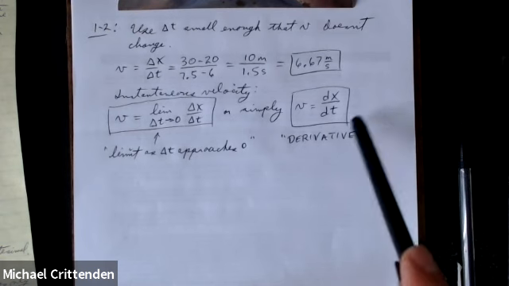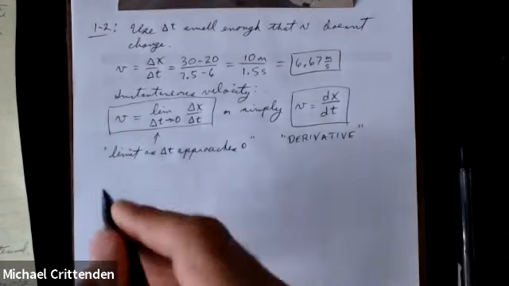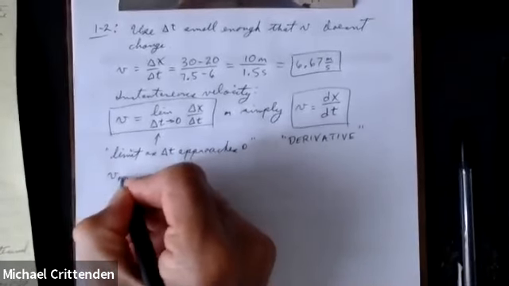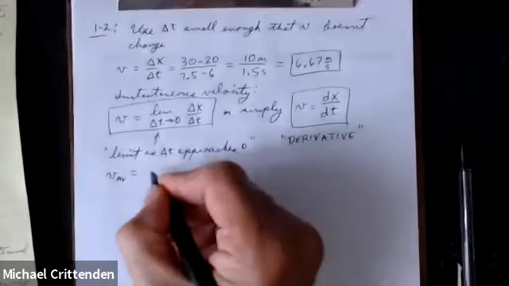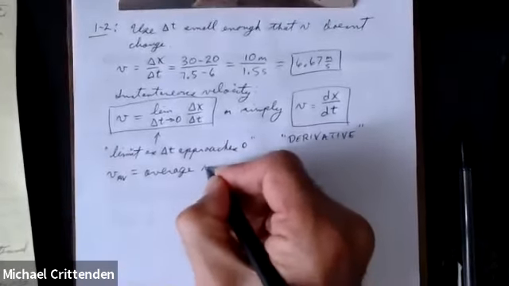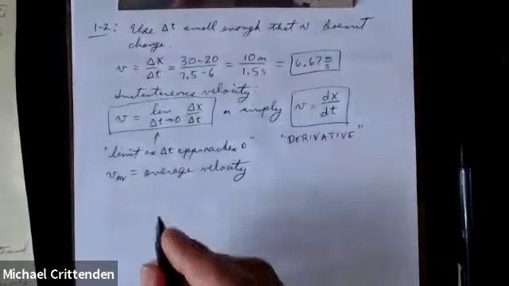But anyhow, maybe take a minute and clarify the notation. As I've already said, V average means the average velocity.